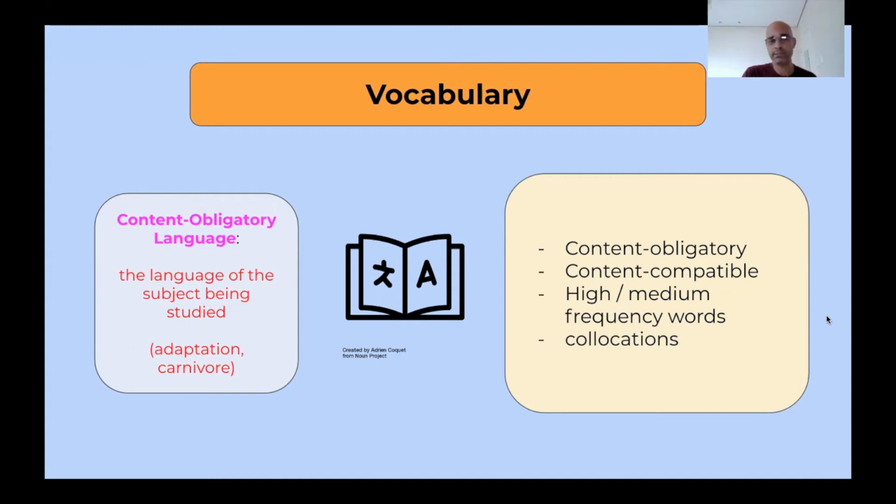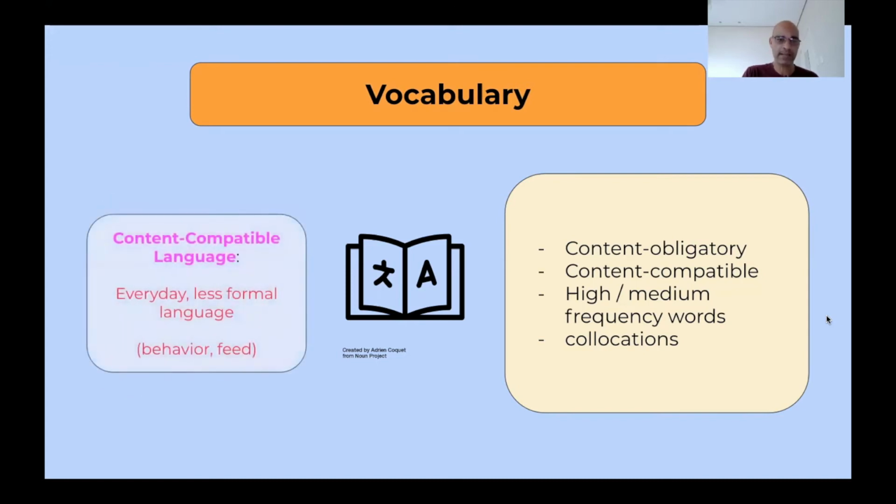Those are examples. But there's also content compatible language. And what is that? Content compatible language refers to everyday or less formal language. It may not be the most commonly used language or the most commonly used words in English, but it's more frequent than content obligatory language. For example, if I say behavior, I can talk about animal behavior that's specific to science, but it's also a common word in other settings.